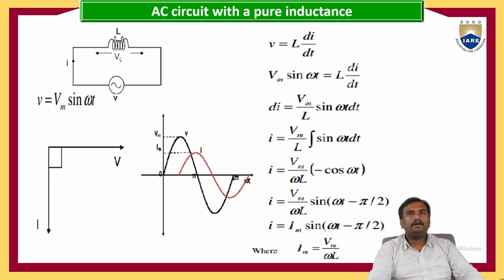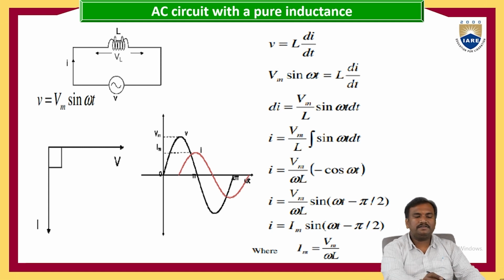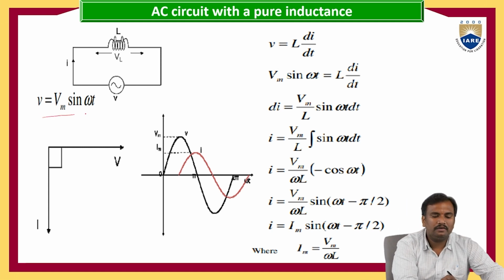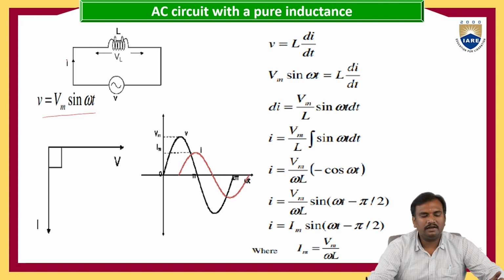Now we will go with the pure inductor. Here V of t we are considering as Vm sine omega t, and we need to calculate what the current I is.